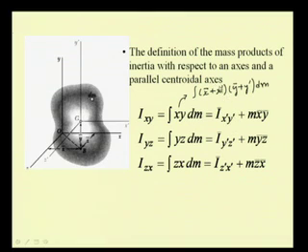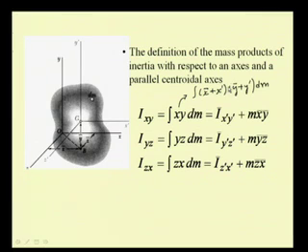The other two products, that is integral x bar y prime dm, is nothing but the summation of the first moment of the mass with respect to a centroidal axis, and in the same way this quantity, integral of x bar y bar dm, is again nothing but the first moment of the mass with respect to a centroidal axis.